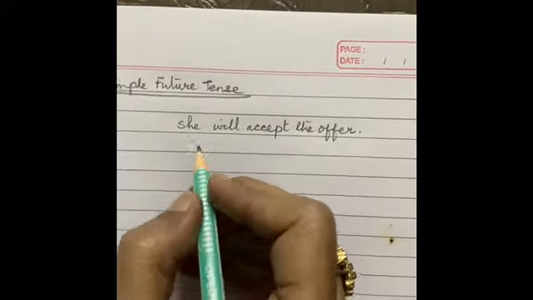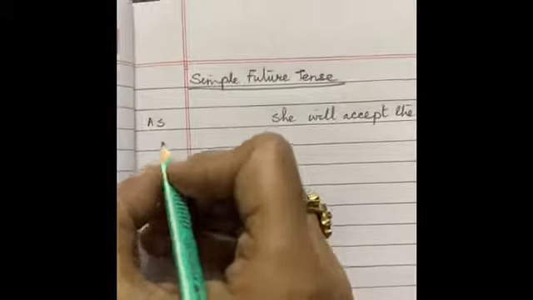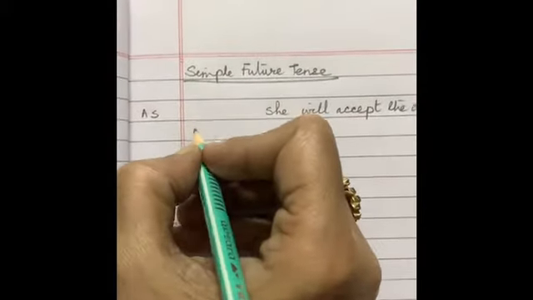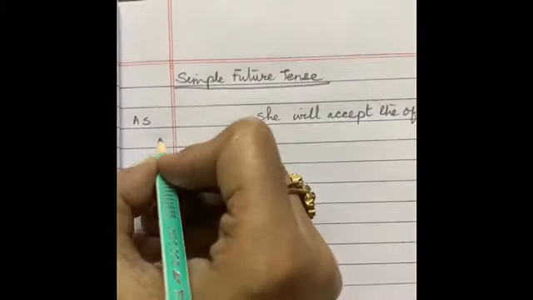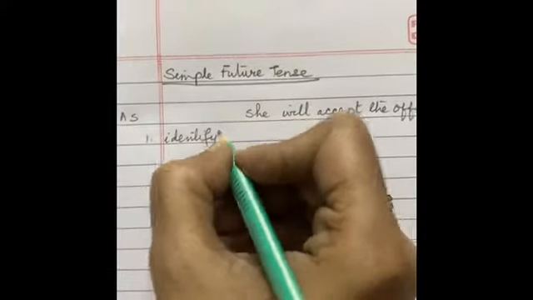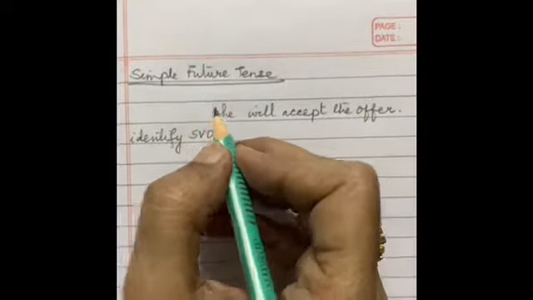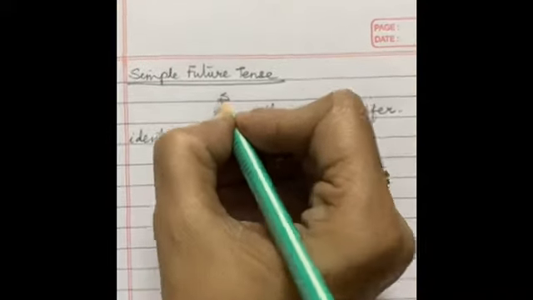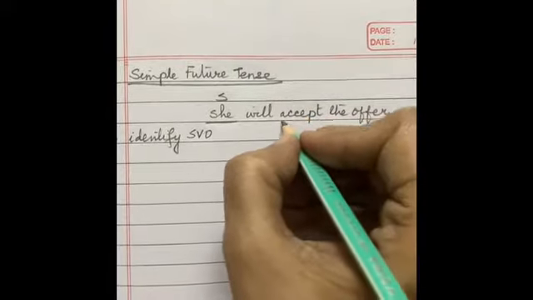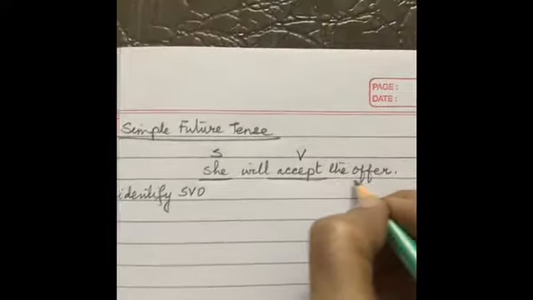Now for converting it into passive, firstly we will identify SVO. Step 1, identify SVO. So the subject here is she, the verb is accept, and the object is the offer.